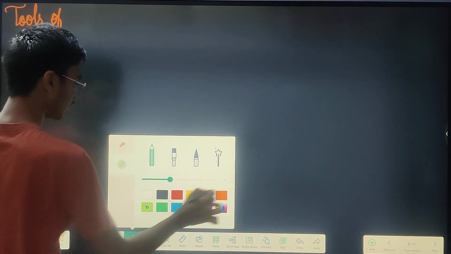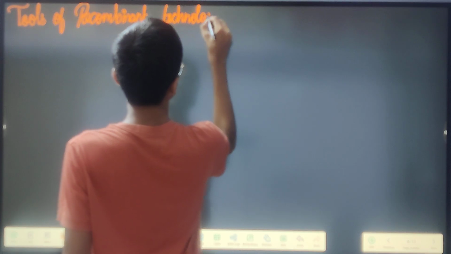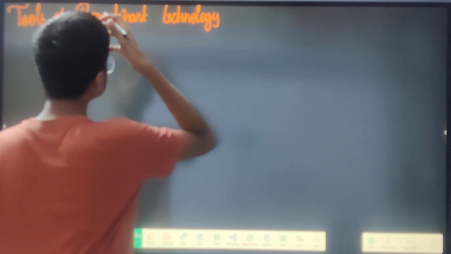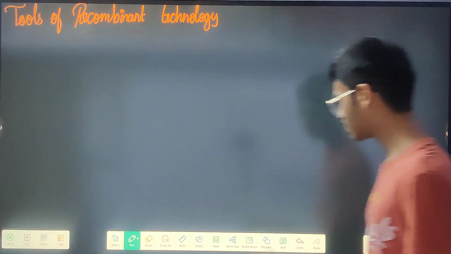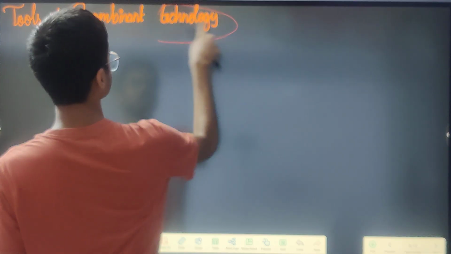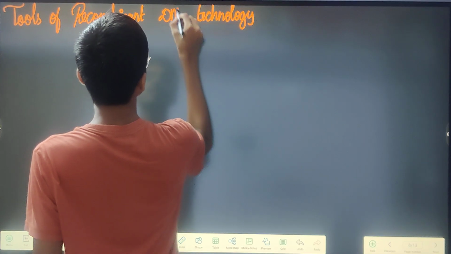Tools of recombinant DNA technology. So what does it mean?